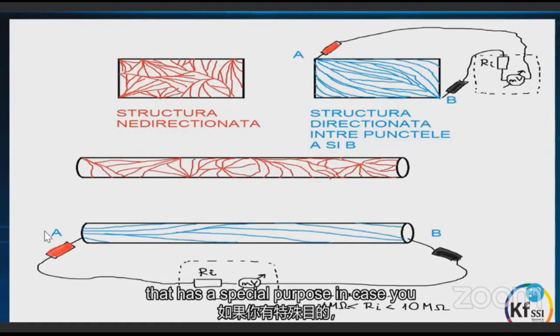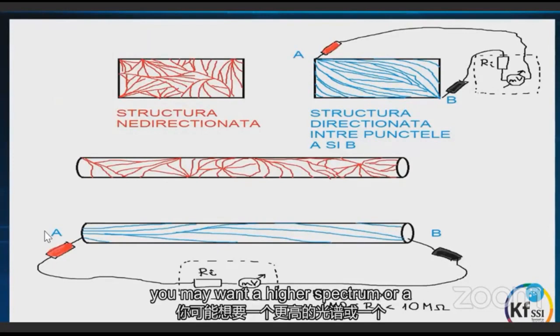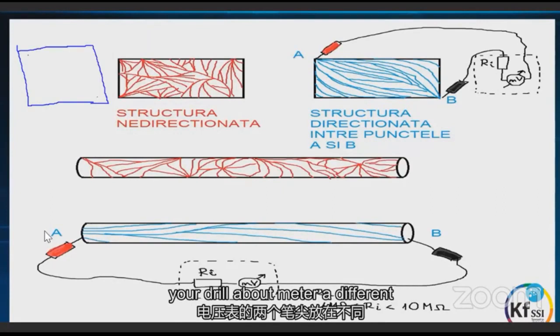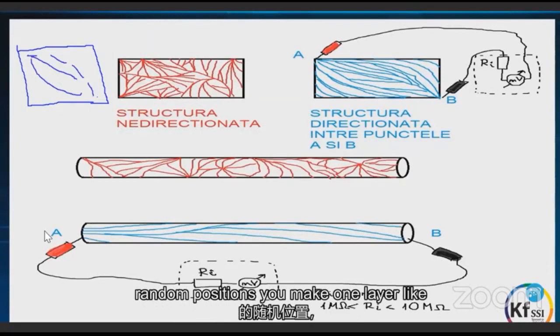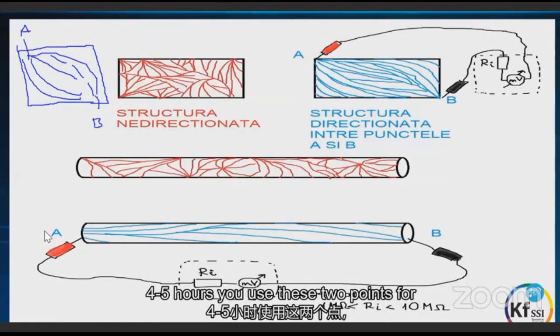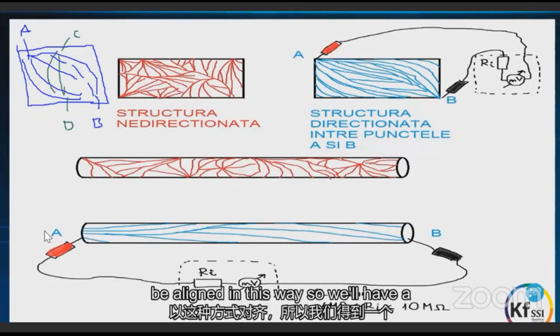That has a special purpose in case you want to make GaN production. In that case, you may want a higher spectrum or a higher range of the fields. So if you put your voltmeter at different random positions, you make one layer like this. If you use these points A and B, after 4 or 5 hours you use these two points, for instance, C and D. So the next layers will be aligned in this way.